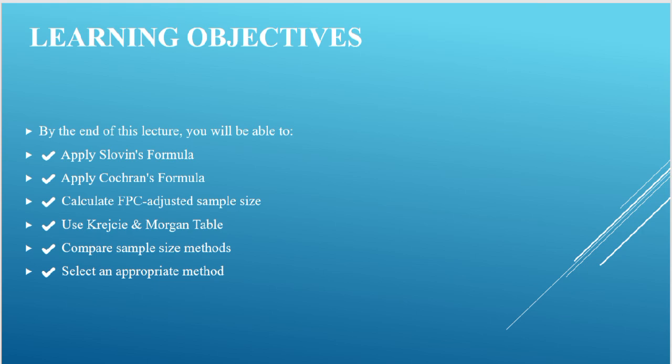We will calculate Cochran's sample size for a large population and then learn how to adjust it when the population is finite using the Finite Population Correction or FPC. After that, we will learn how to use the Krejcie and Morgan table without performing lengthy calculations. Finally, we will compare these approaches and discuss which method you should use in your own thesis or research paper.